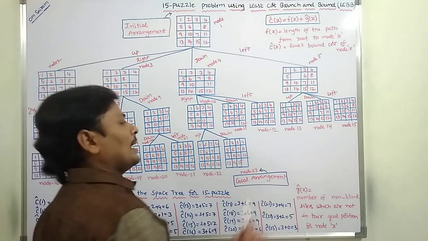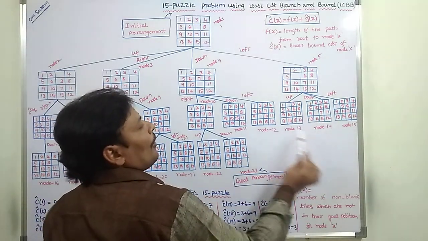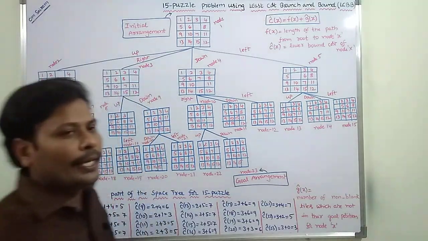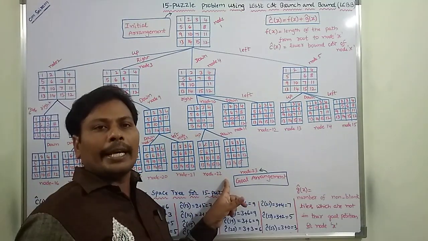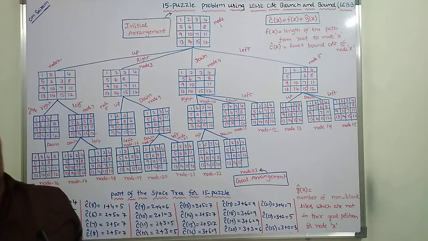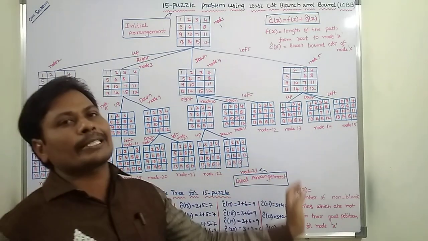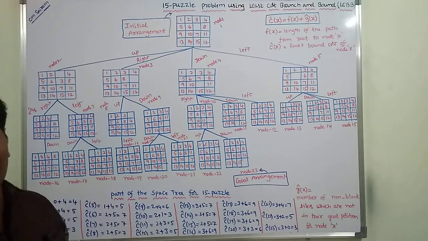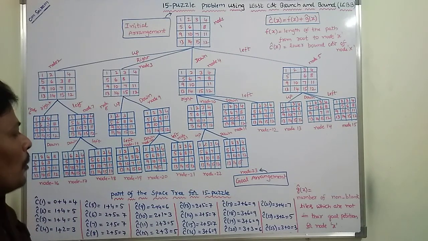So further, there is no extension of node 12, node 13, node 14, node 15. Our only goal is to get the goal arrangement for the initial arrangement. Once we get the goal arrangement, we have to stop the extension of the procedure because our objective is reached.